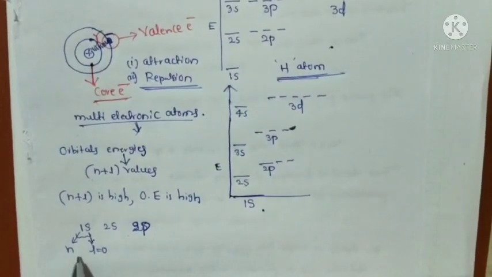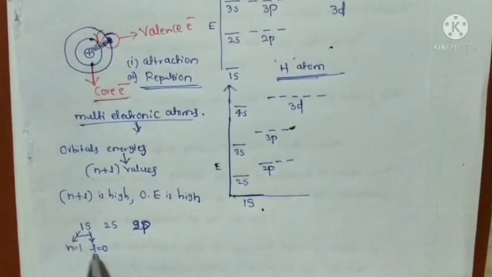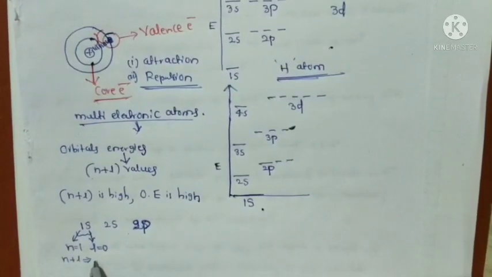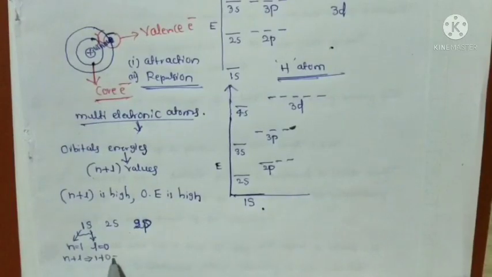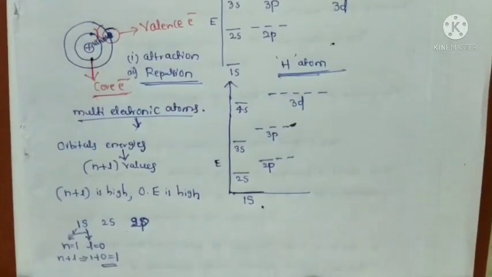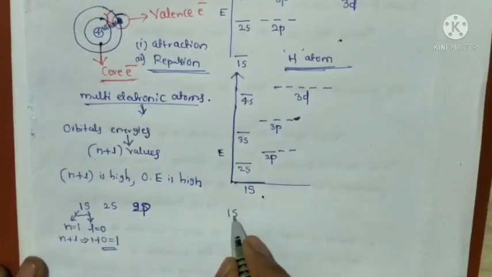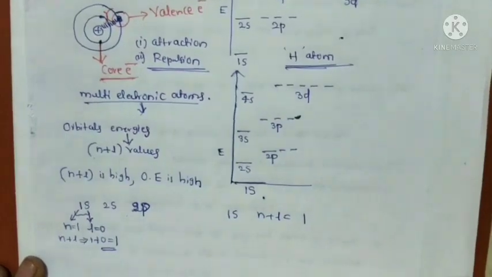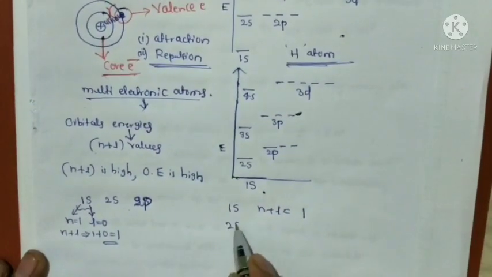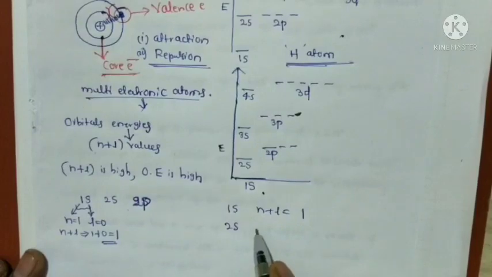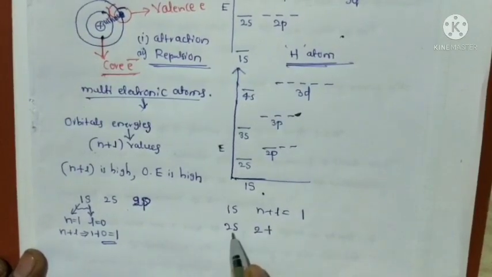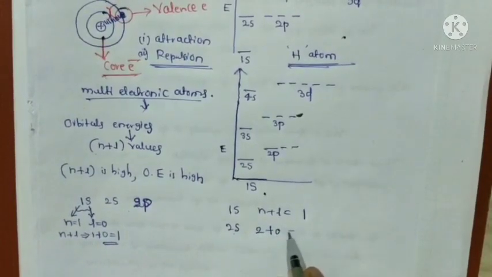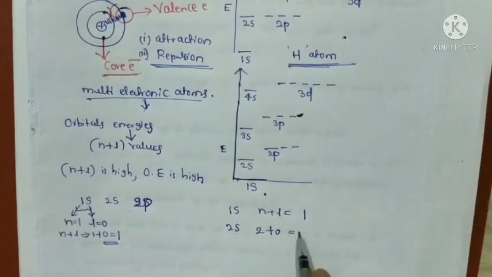So the n value is 1, and n plus L is 1 plus 0, which is 1. So for the 1s orbital, the n plus L value is 1. For the 2s orbital, 2 represents the n value, and for an s orbital L is always 0. So the n plus L value for the 2s orbital is 2.